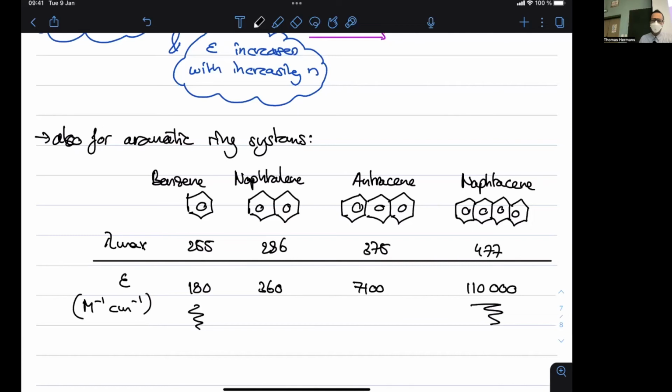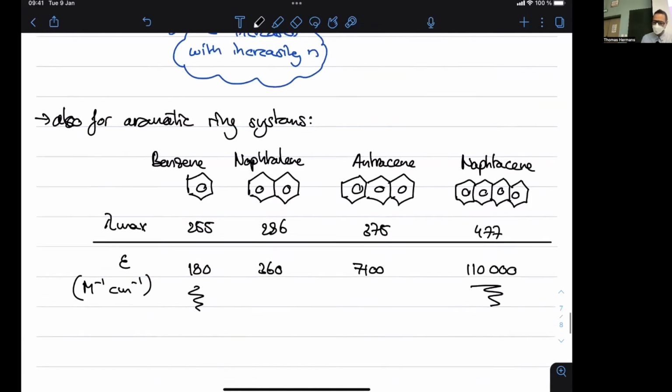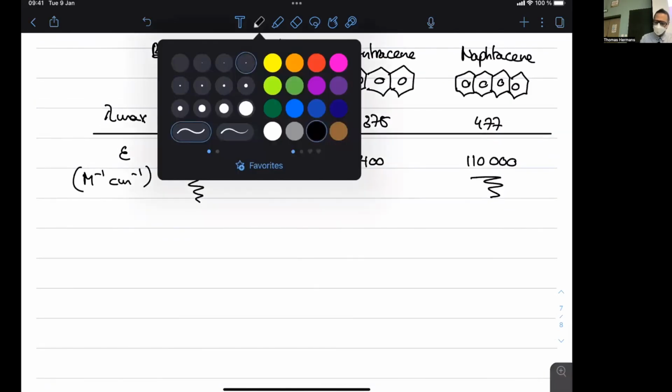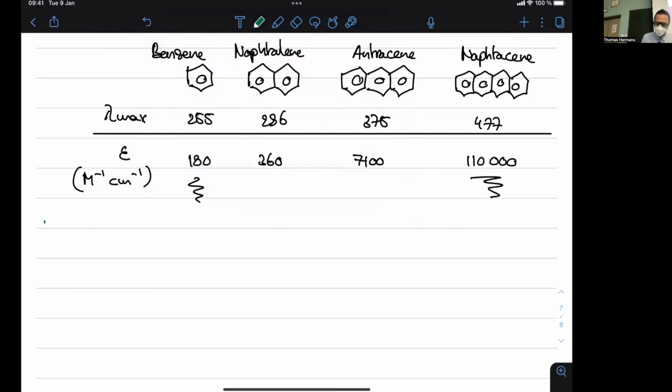So now we're getting to an interesting point, because we go to something called chromophores.